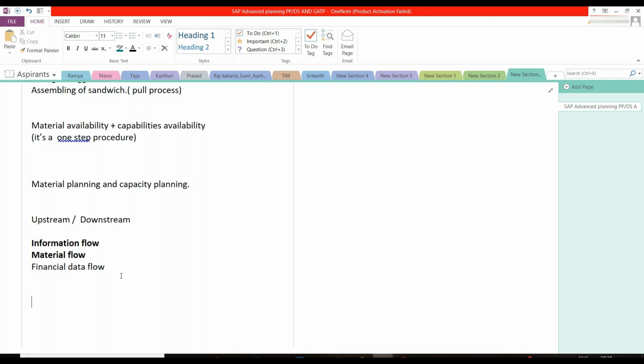Yeah, there's also a batch who has recently completed S4 HANA. So I would probably just tell you what the production planning and detailed scheduling methodologies are, how the master data requirements and the planning aspects have been preserved for you in S4 HANA.